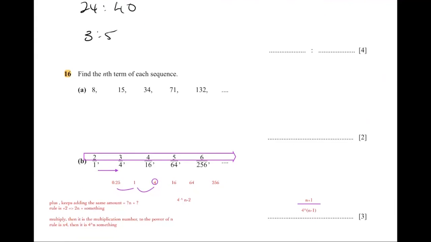If you look at the sequence here, you can see the first one here is add by 7, add by 19.